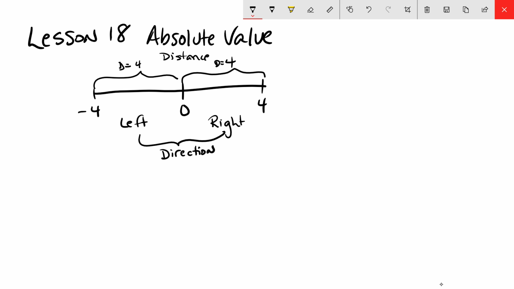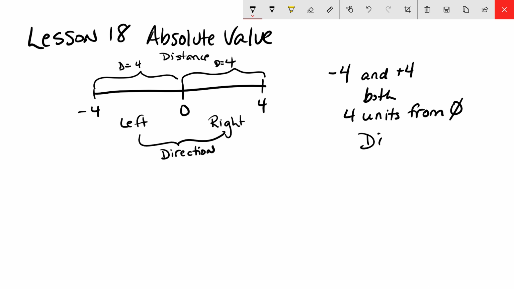All right, so if I look at this, -4 and +4, they are both 4 units from 0. Okay, this has to do with distance.